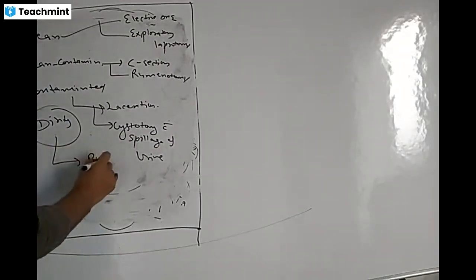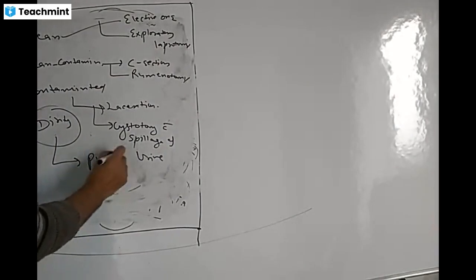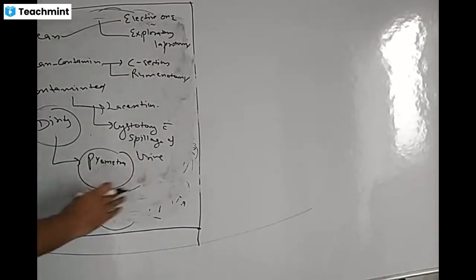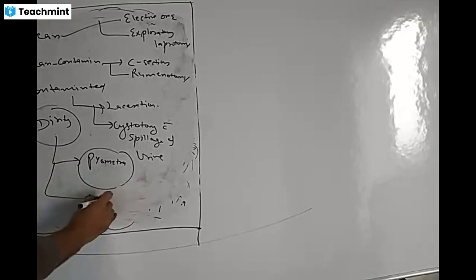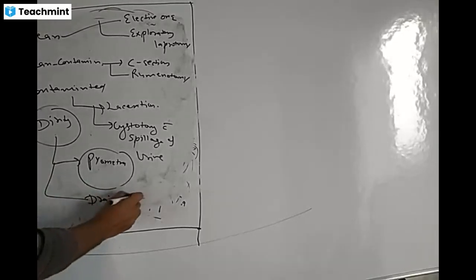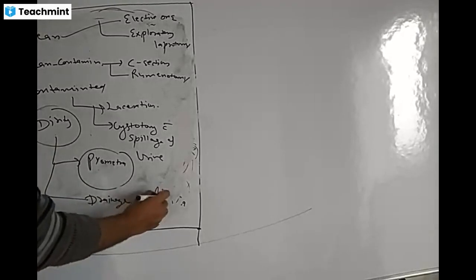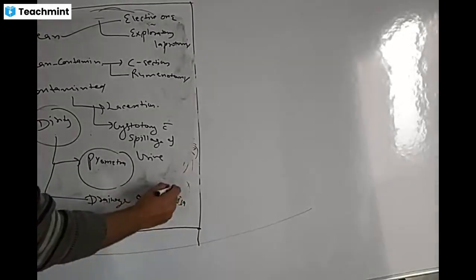The dirty surgery, if you want to remember one example, the best example is your pyometra. And one more example for dirty surgery is the drainage of abscess, that is pus. So these are the 4 types of surgeries based on the degree of contamination.